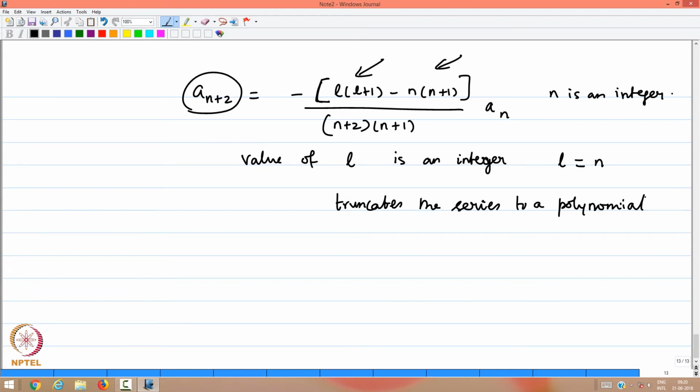Now, you can see immediately that if we choose L equal to 0, then A 1 will be 0, and therefore, A 3, A 5, A 7 all of them go to 0. Therefore, we have only one series of powers containing A naught that is non-zero.